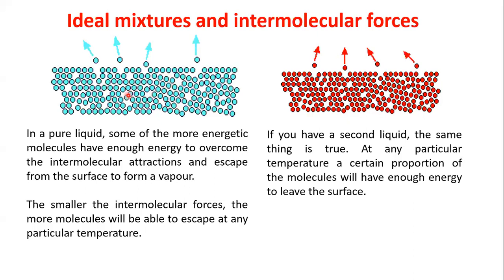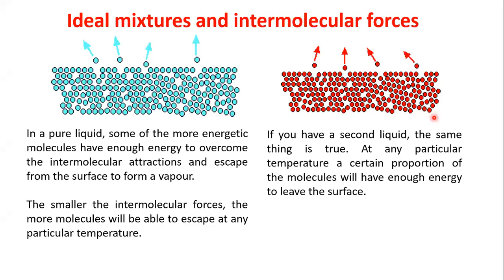So the rate at which the blue liquid will evaporate is the same as the rate at which the red liquid will evaporate. Look at these two examples: you have 4 molecules escaping from the blue, and 4 molecules escaping from the red. They are both at the same condition.